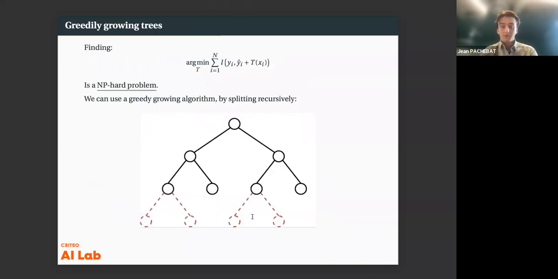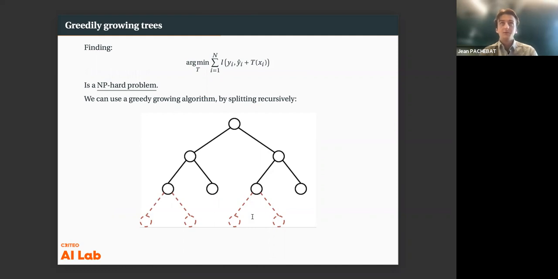However, one problem arises. Finding this arg minimum over the space of trees is an NP-hard problem if we consider a certain specification of the class of trees that we are looking at.